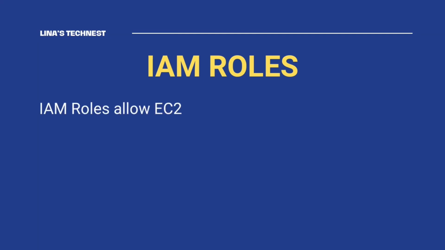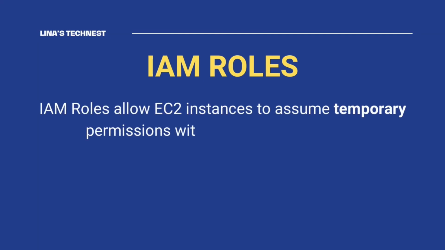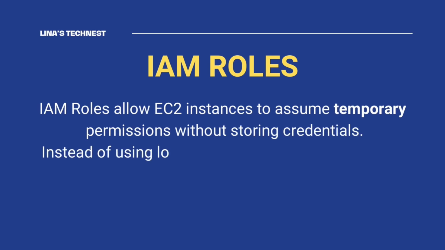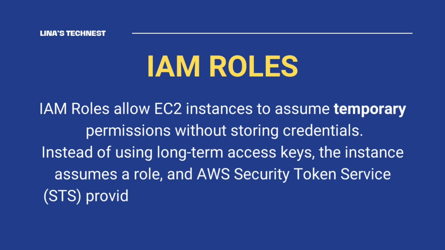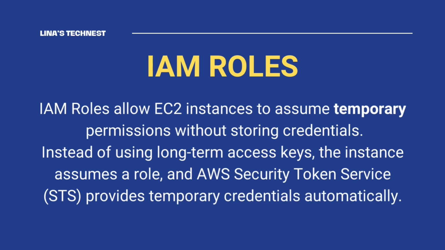So what are IAM roles? IAM roles allow an EC2 instance to assume temporary permissions without storing credentials. Instead of using a long-term access key, the instance assumes a role, and AWS Security Token Service (STS) provides temporary credentials automatically.